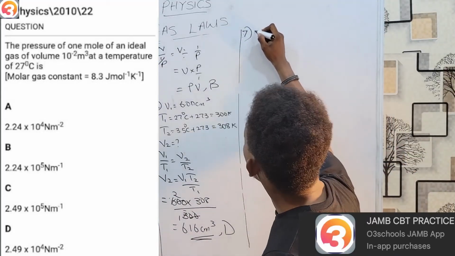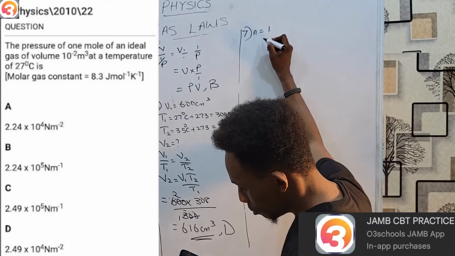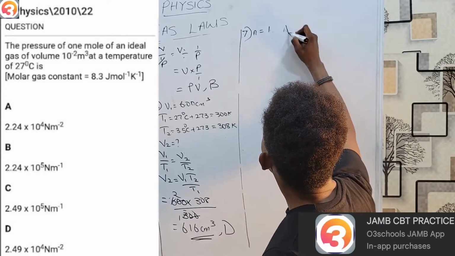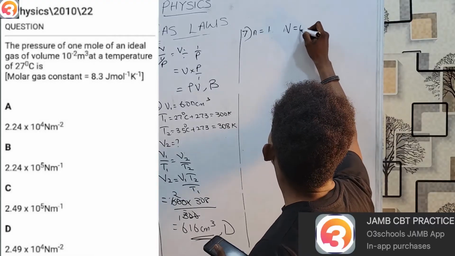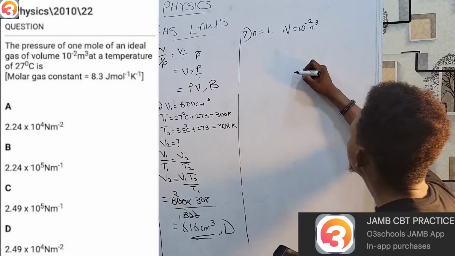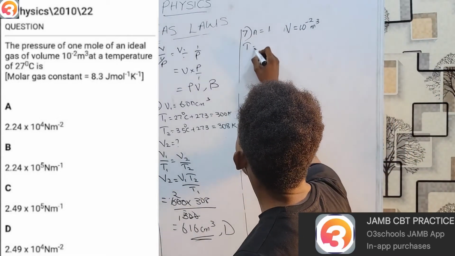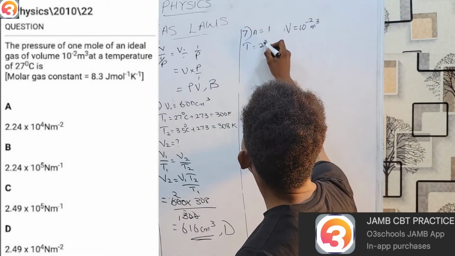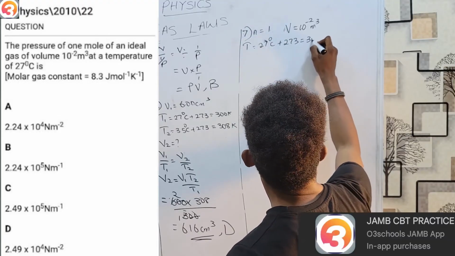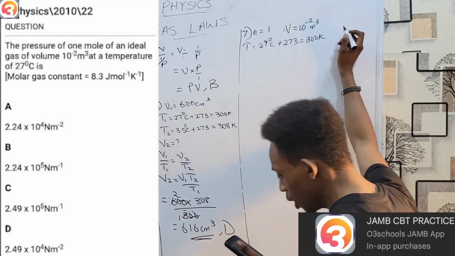So we're told pressure of 1 mole, meaning n is 1, of an ideal gas of volume V is 10⁻² meter cube, at a temperature of 27 degrees Celsius. We've done this so many times, I know automatically, once I add 273, this must be 300 Kelvin.